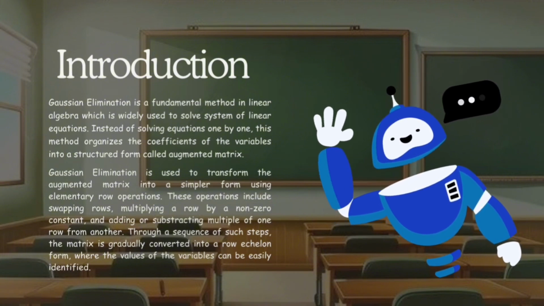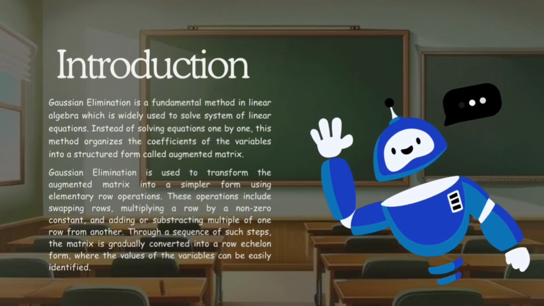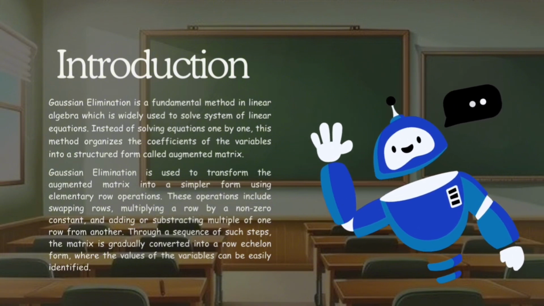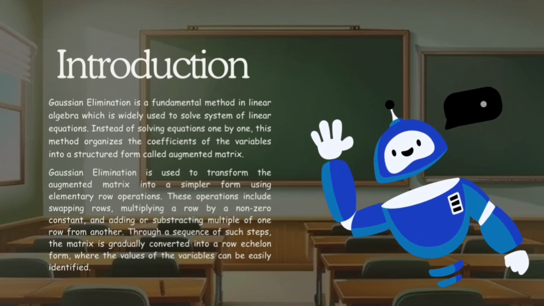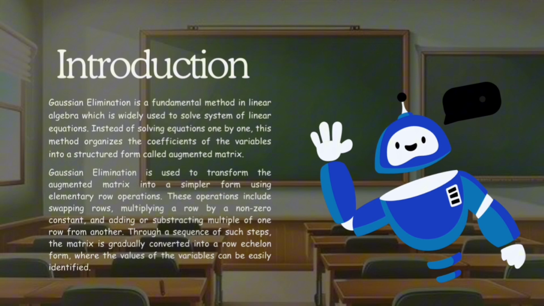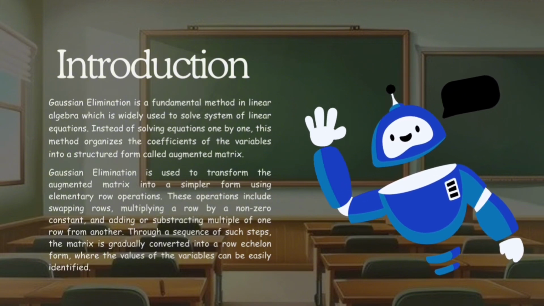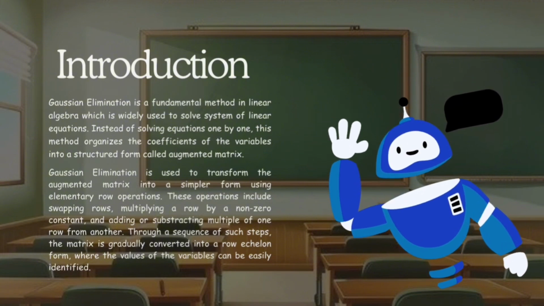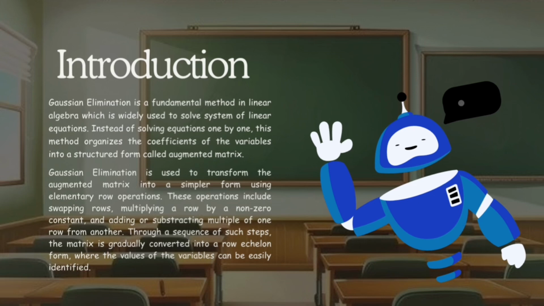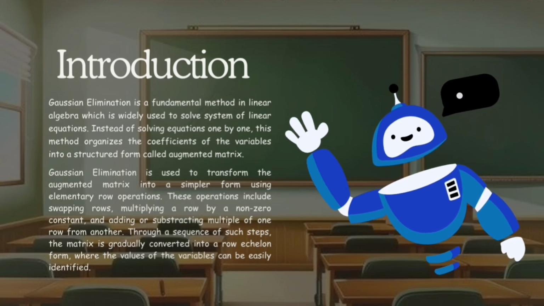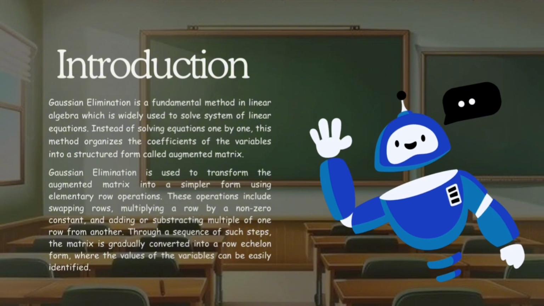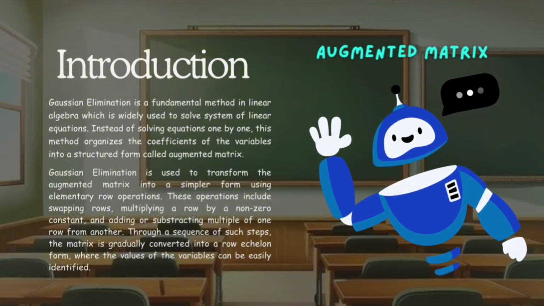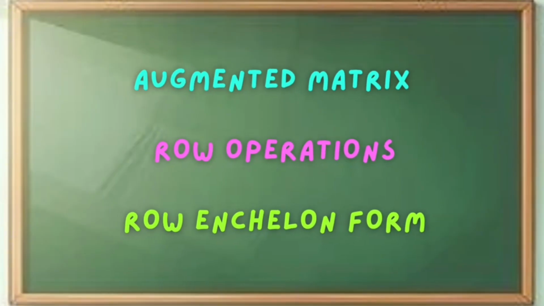Gaussian elimination is a fundamental method in linear algebra which is widely used to solve systems of linear equations. Instead of solving equations one by one, this method organizes the coefficients of the variables into a structured form called an augmented matrix. Gaussian elimination is used to transform the augmented matrix into a simpler form using elementary row operations.